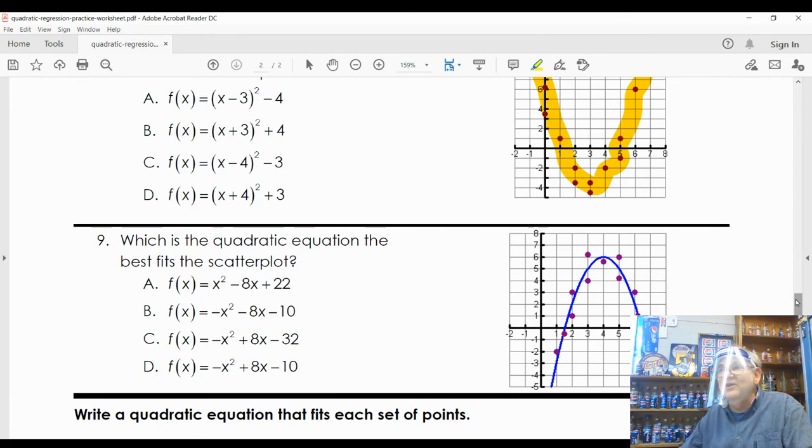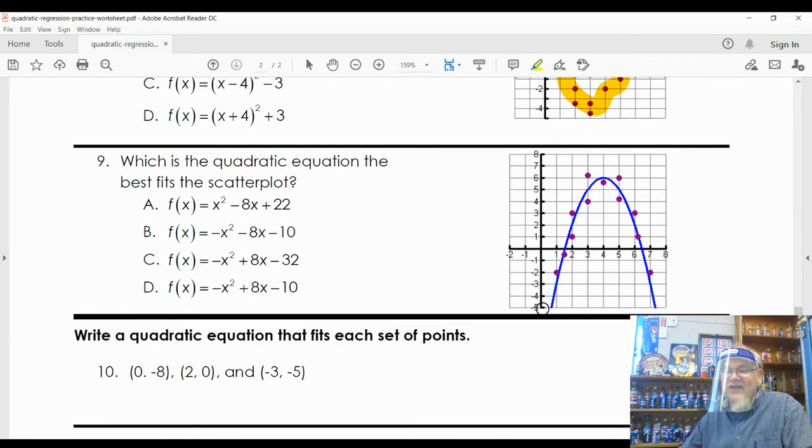And that means there's no way it could possibly be A. I also know that if I look over at the left-hand side of this, it's going down, but the y-intercept for it is going to be somewhere around -10. It's not going to end up being at like -32, which is why D makes a whole lot more sense than C.